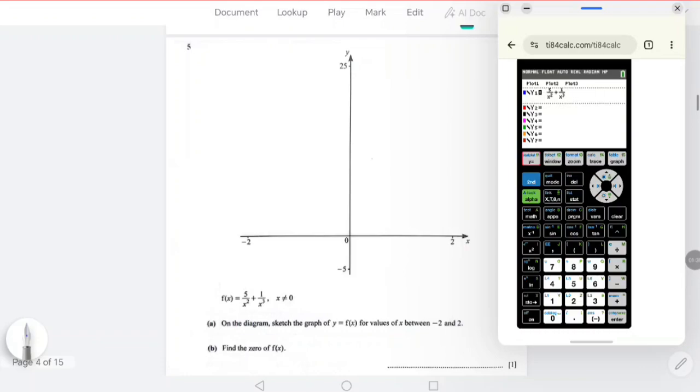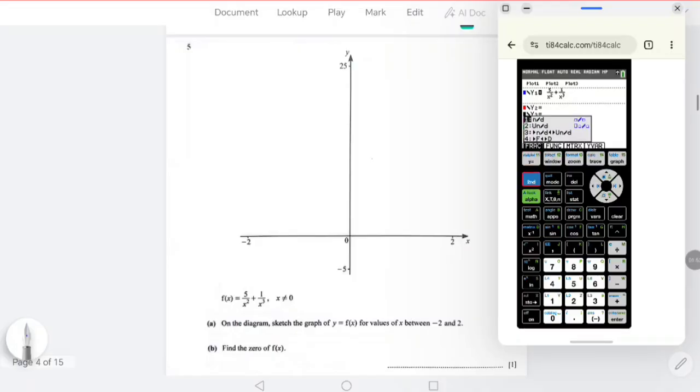When you type your function, please try to use alpha and equals, and then use number 1 for fraction, so you can write it in the form of a fraction to avoid any problem with the graph.